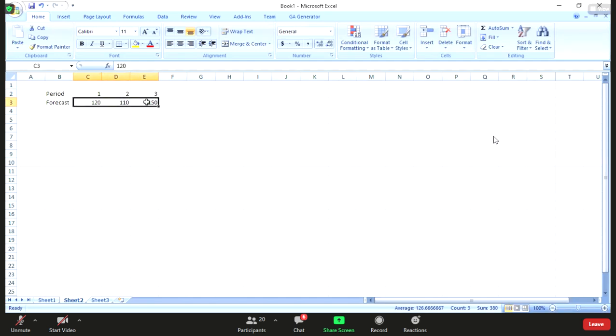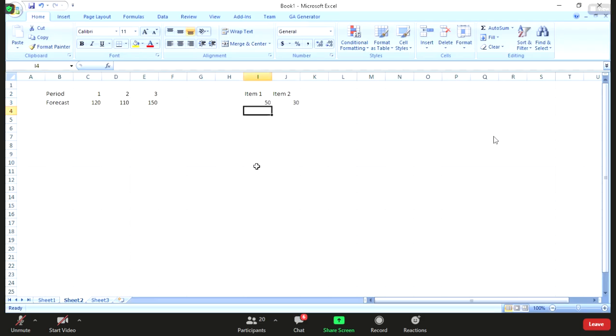If there are 2 items, item 1 and item 2, we can get the data about demand on item 1 and item 2 from the sales department. After that, we can calculate the percentage of that. For example, if item 1 in period 1 the sales is, let's say, 50, this one is, let's say, 30.